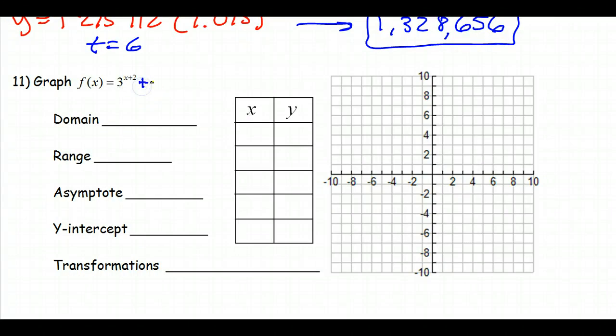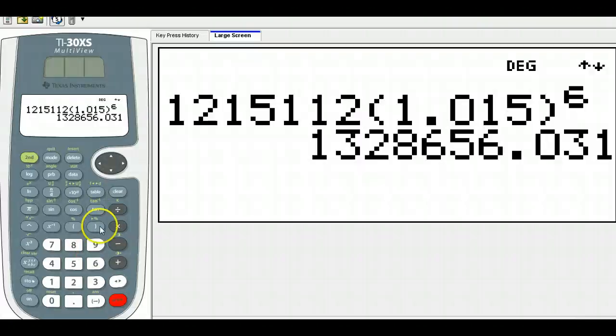Because there's no number here added onto the end, I know that the asymptote is going to be the x-axis. This is the line where the function will get closer and closer to it, but not reach it. So there's that. So after that, I'm just going to put this in the calculator. So 3 to the x plus 2 power.